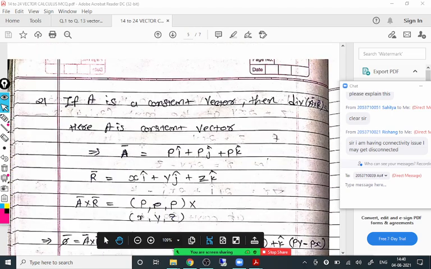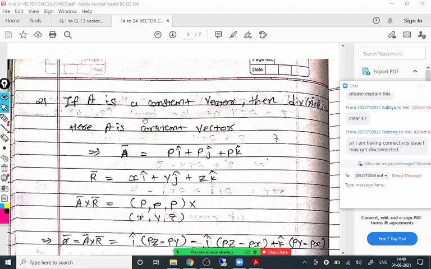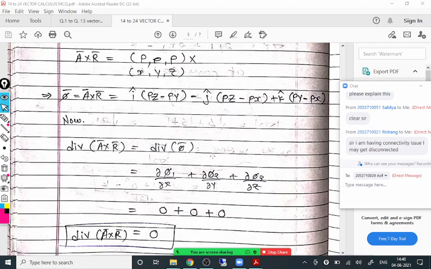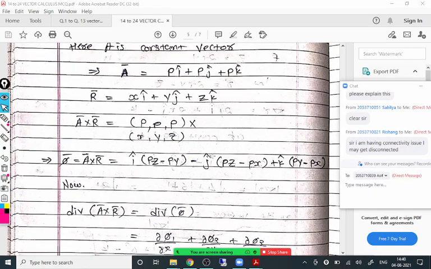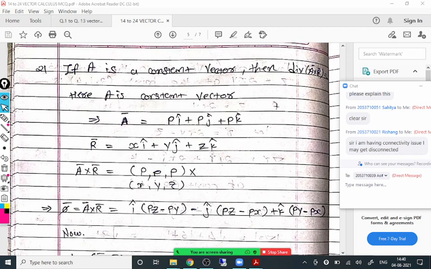Good. Question 21. If A is a constant vector, then find the divergence of A bar cross R bar. A bar is a constant vector, R bar is the position vector. The way he proceeded, he did step-by-step calculation. First he calculated A bar cross R bar.